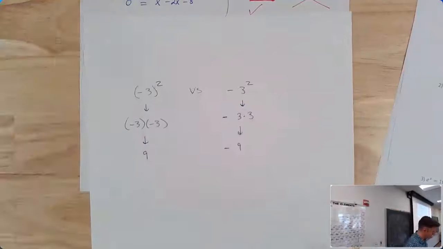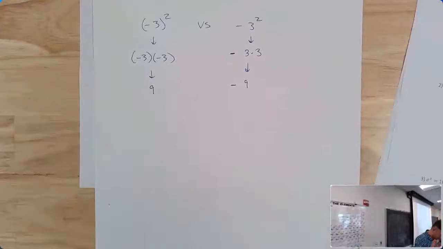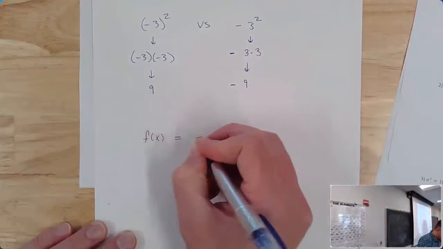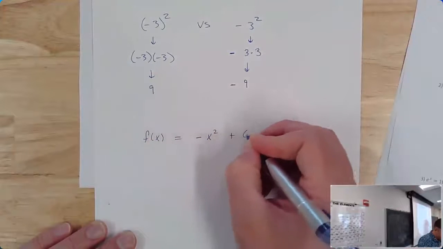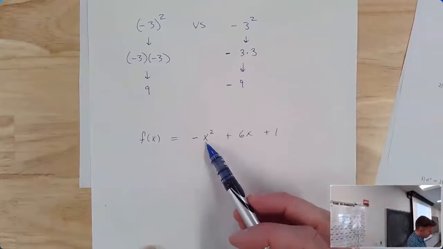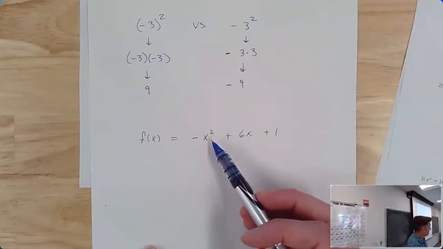Just as a quick aside, if your parabola is something like -x squared plus 6x plus 1, whatever you plug in for your x coordinate of your vertex, I'm going to square it first, which will be positive, but then it's going to be the negative of that.